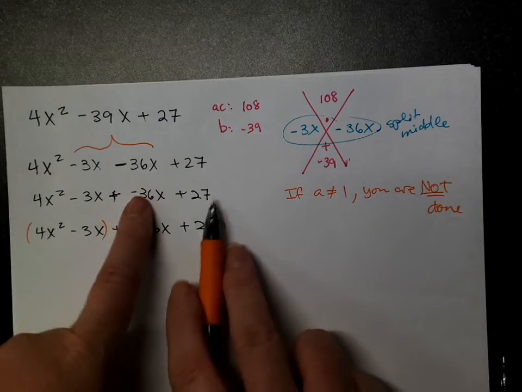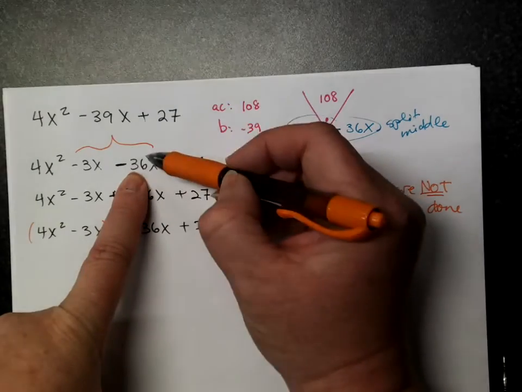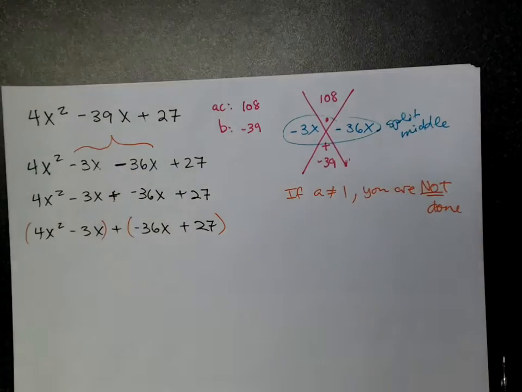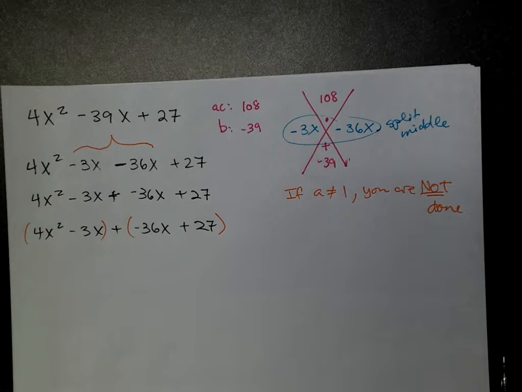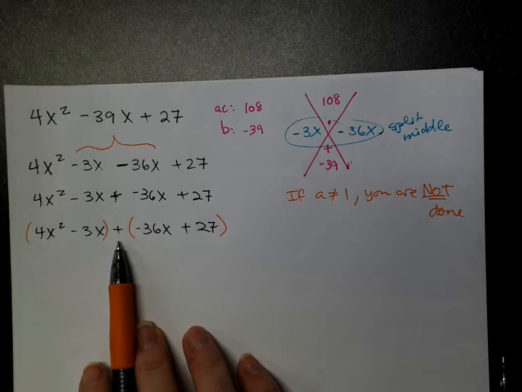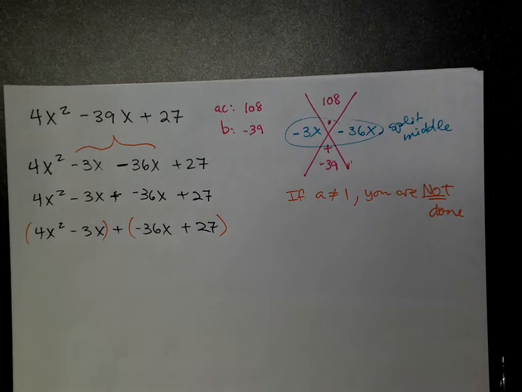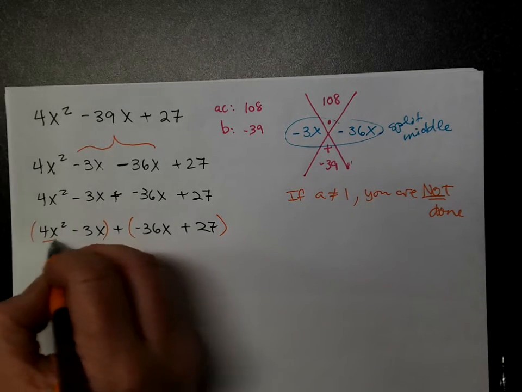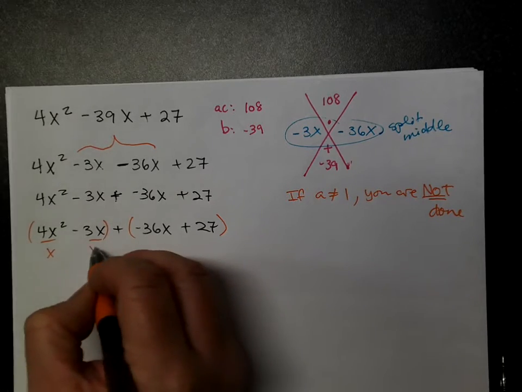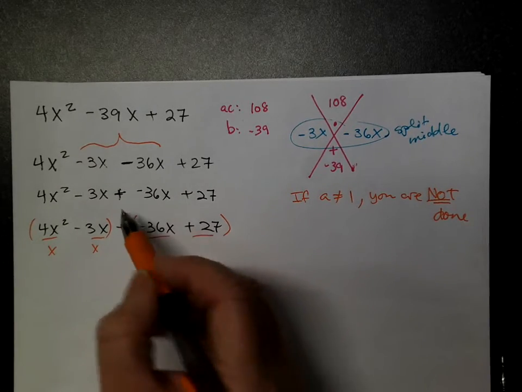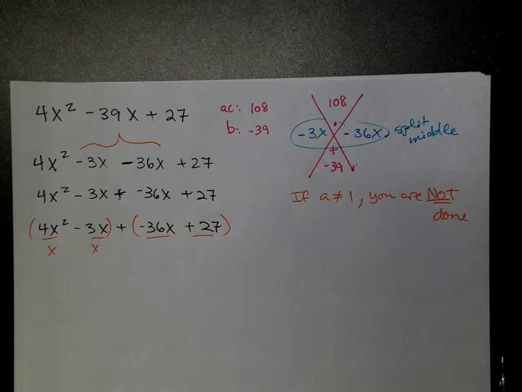If you put two groups up with that negative there, then that makes this negative 36, negative 27. Because parentheses mean distribute anything that's in front of it. This is just distributing positive 1, which doesn't change anything. It keeps this negative and it keeps that positive. Okay. All right, ready for little GCF, little GCF. Now when you make that sign change, what do you know about your second GCF?